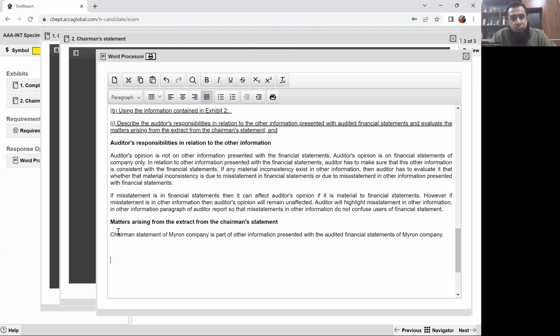If you give headings, it's good, but if you don't, it is also acceptable. Now, the growth percentages given in the extract from the chairman's statement are correct.